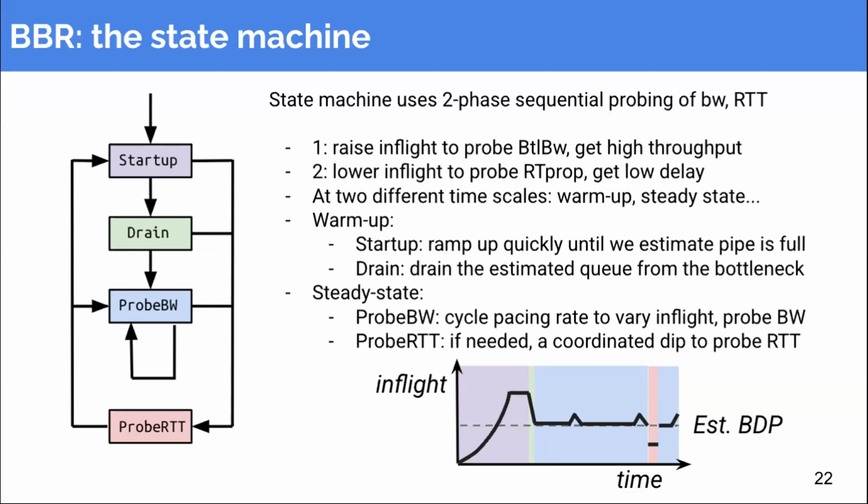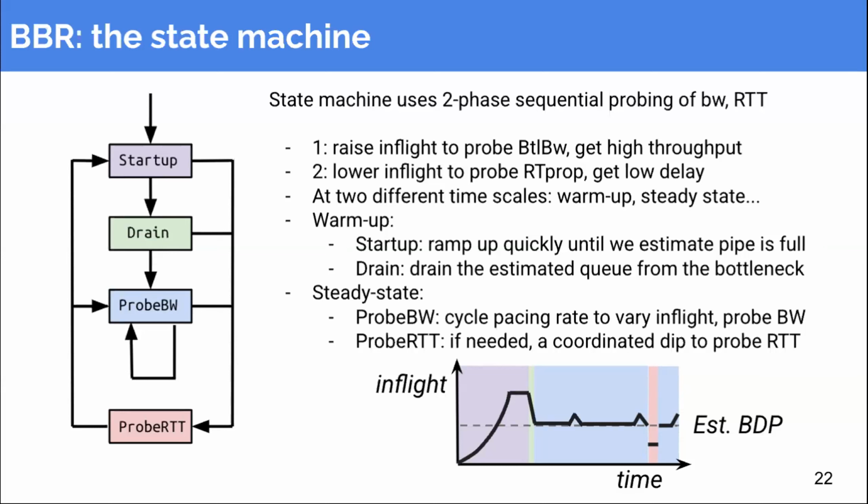And then after that, it enters the drain state to try to reduce the amount of data in the network, to drain the data queued at the bottleneck link, if any. And then it enters a phase where it spends most of its time in a state called probe bandwidth, where it's repeatedly cycling the pacing rate to be higher and lower to try to keep an up-to-date estimate of the maximum bandwidth supported by the network path.